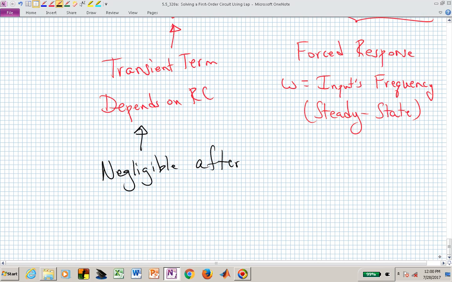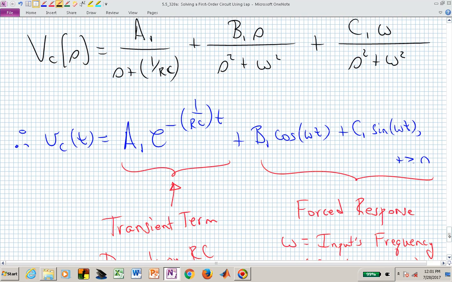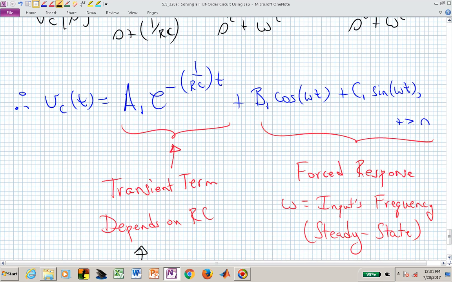When we get within 1% of where we're going, 5 tau, and in this low-pass filter, 5 tau is 5 RC. So after 5 RC in real time, all we will see are this second and third term in this sinusoidal steady state output, and they will be shaking or vibrating at a frequency omega, which is the same frequency as our input's frequency.